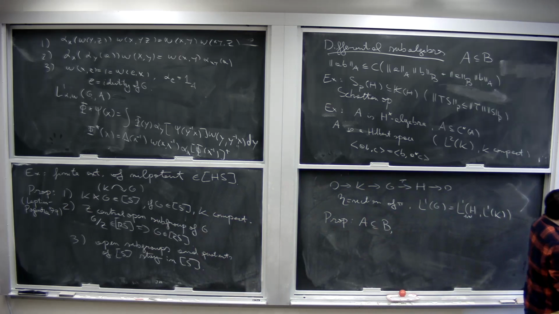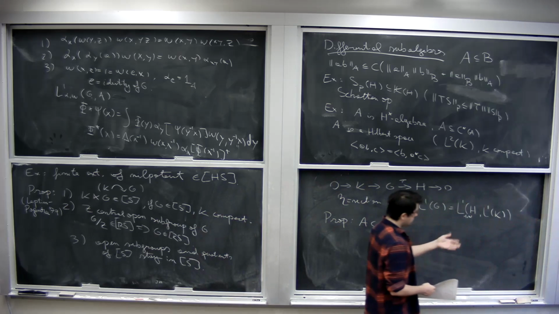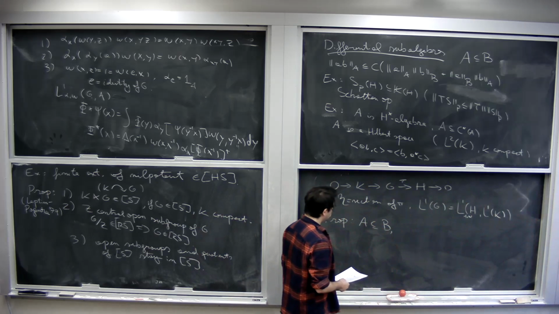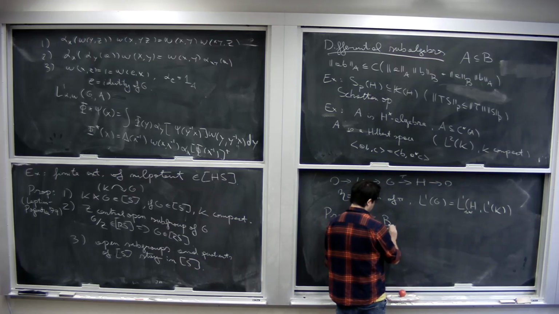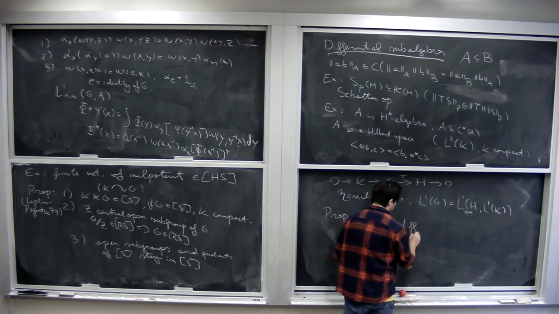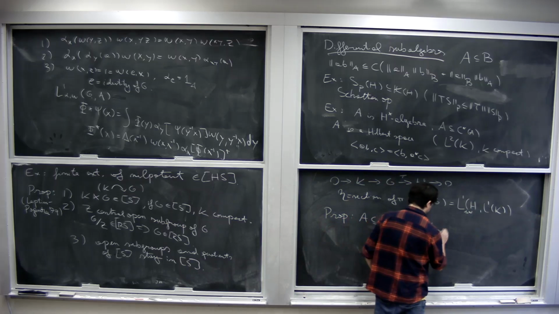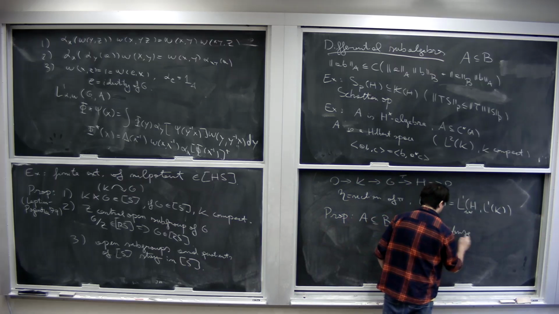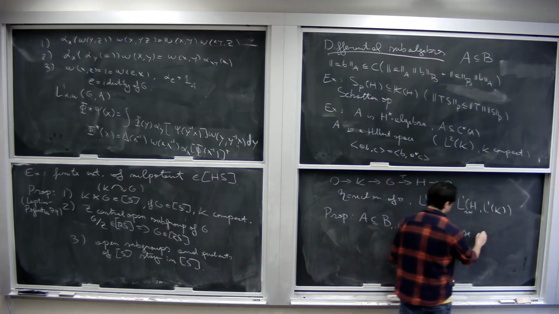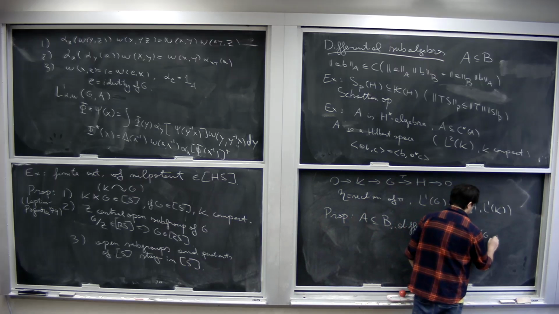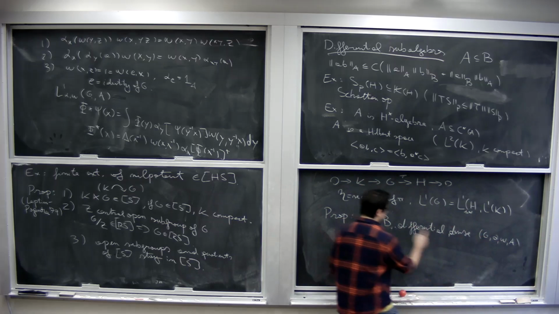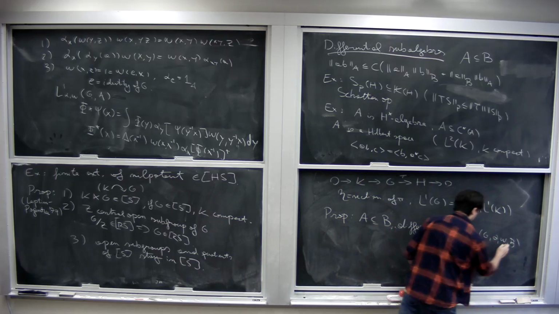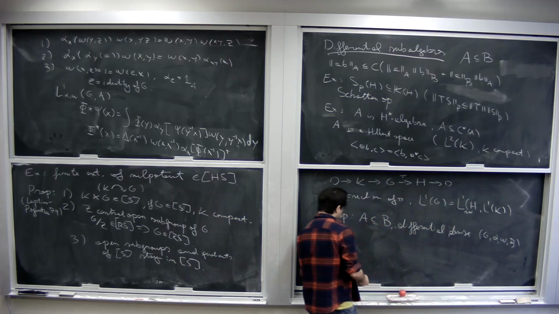Basically, under those assumptions, I get spectral invariance. So, differential dense, and I'm going to assume that this is a twisted action on B that leaves A invariant.